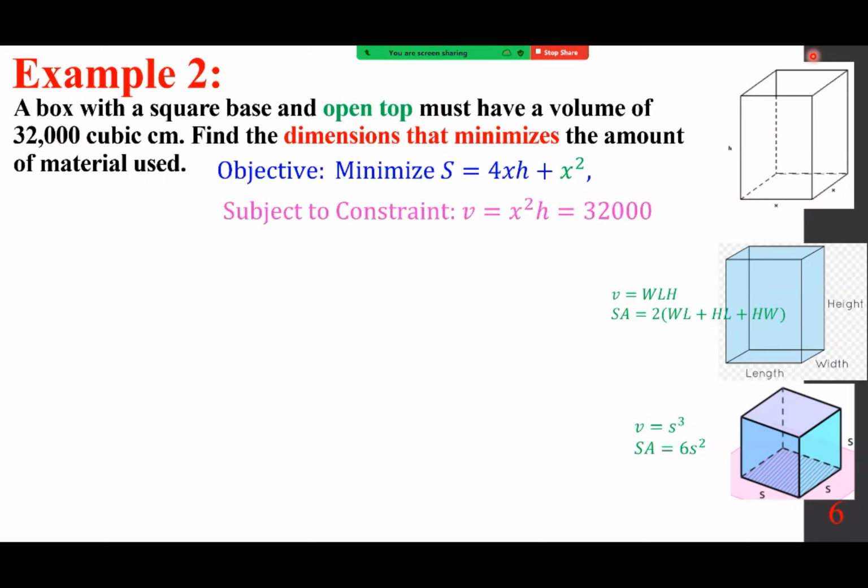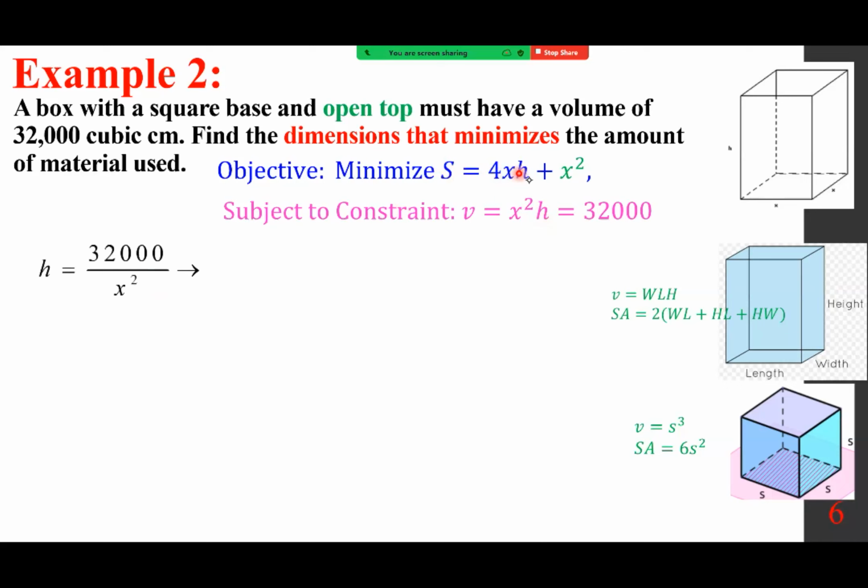This is understanding the problem and translation of the problem. Now, what do we do? Almost always, we go to the constraint and we solve for one of the variables, because the objective function has two variables, namely x and h. So if you solve for h, you get 32,000 over x squared.